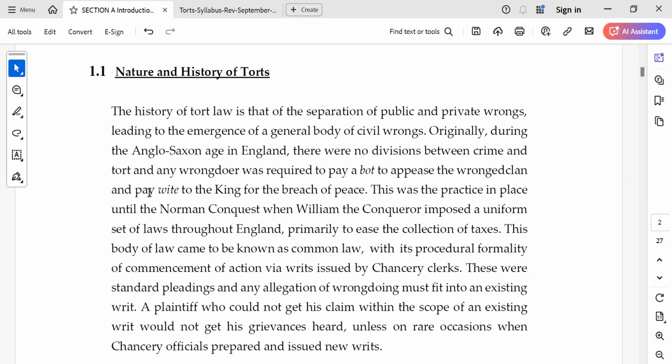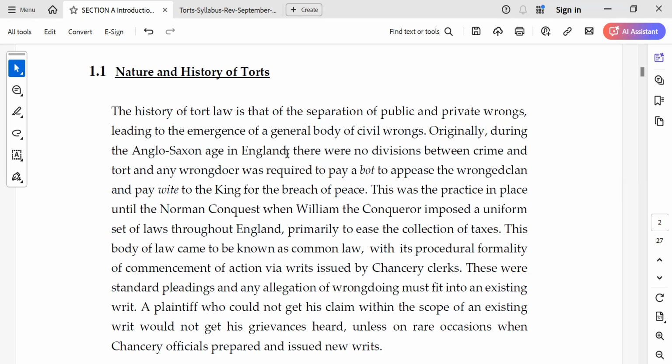Basically, compensation was given to the king for breach of peace, and they were supposed to pay damages to appease the wronged clan. So, that was the Anglo-Saxon age of England.